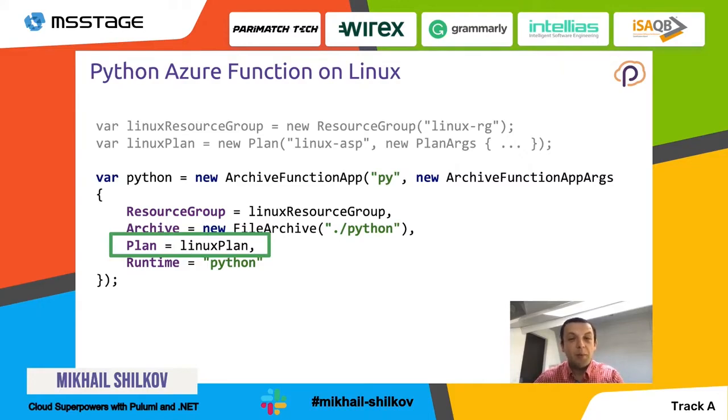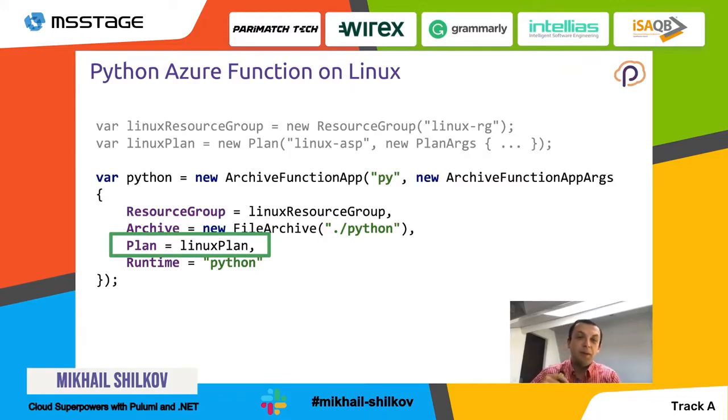And then my component knows that if there is an explicit plan passed as a parameter, please don't create a default Windows plan, but use that one instead. And then I say runtime Python, pointed to a folder called Python, and then my Azure functions in Python would be deployed to a Linux plan that I just defined. I could as well define Linux premium plan or Linux app service plan, so I still have all the flexibility that I want.